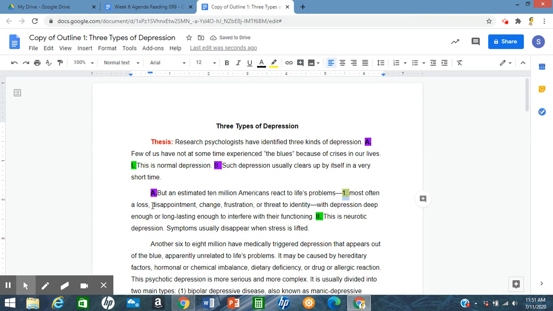Most often a loss, or, here we go, 2. Disappointment. See, there's a comma here, so you have to put 3. Frustration, that is a minor detail again. Threat to identity, so that's 5.